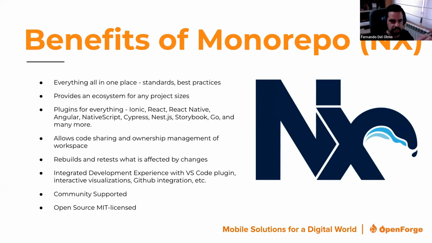So this has a lot of benefits. As we're going to see in this demo, you can build a library of components that we can reuse in different apps, and those apps can be different technologies. So it's like the next step for web development.